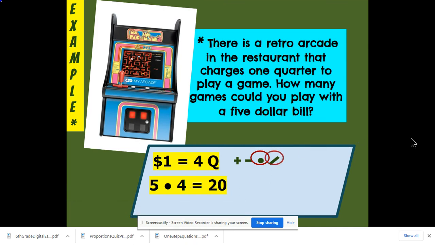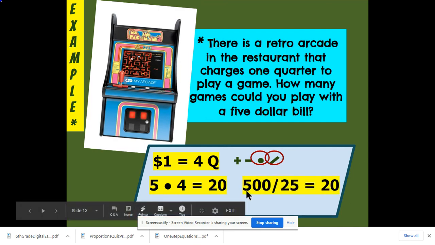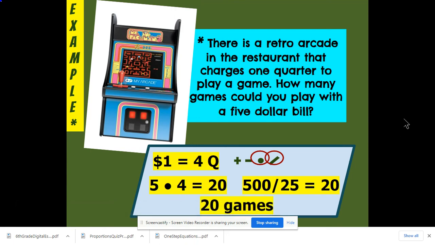You could simply divide. You could say $5 is 500 cents divided by 25 is also 20. Either way, you've got 20 quarters in a $5 bill, which will give us 20 games.